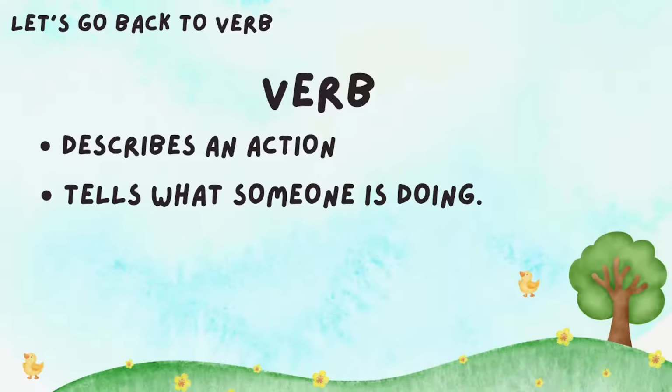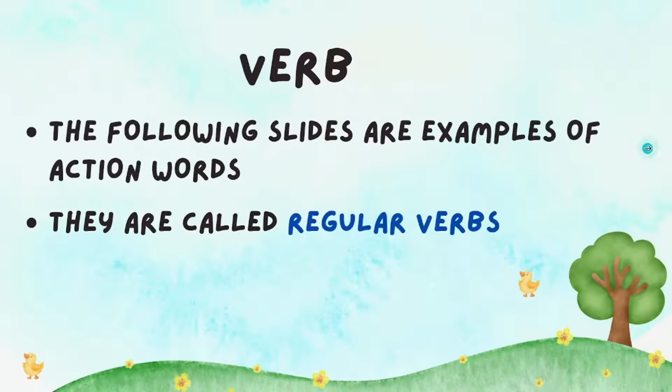Like you're learning something. I hope that you learn something from me. So, you're learning. That's already an action word. You're already doing something. So, that is already a verb. Okay? Next.